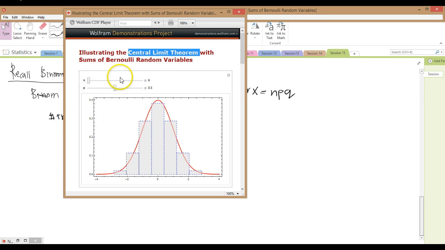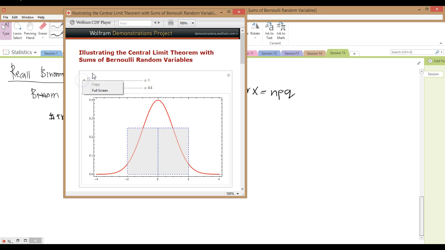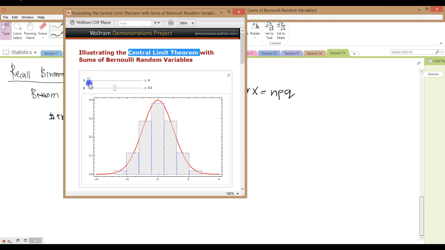And let's look at this. So if n is, I don't know, n is 1, then this is not a good approximation to normal distribution. But as you increase n, see, this is only 33, and it's starting to look like normal, very close to normal, right?